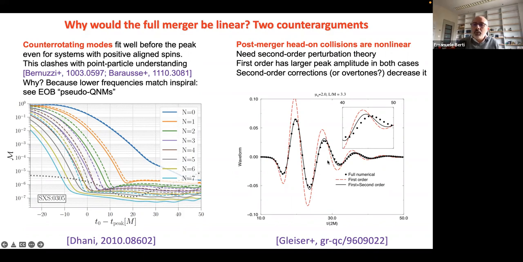And what they found was that the waveforms in nonlinear perturbation theory were different. So there should be some nonlinear effects. Admittedly, the amplitude that they found depended on the initial data. But if you see nonlinear effects in a head-on collision where the energy radiated is extremely small, you should see nonlinear effects even in non-head-on mergers where the nonlinearity should be much more important.